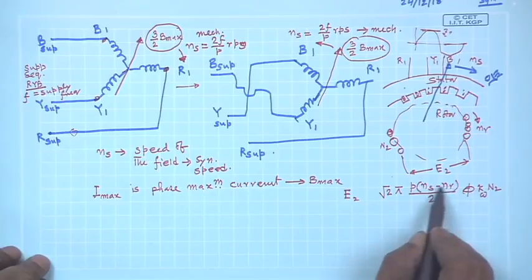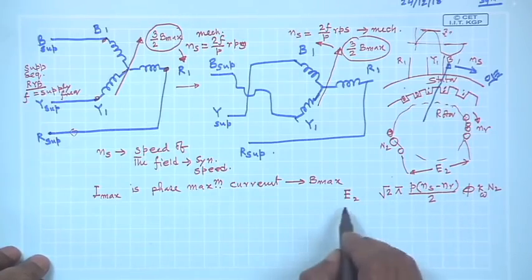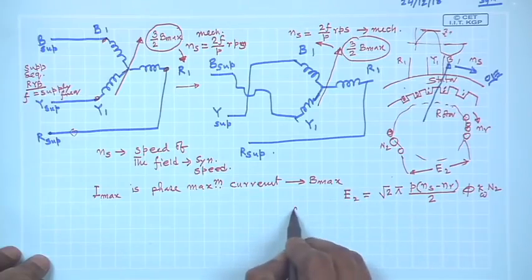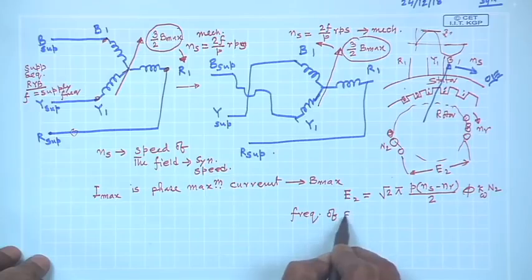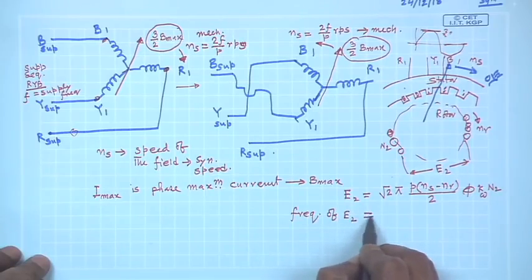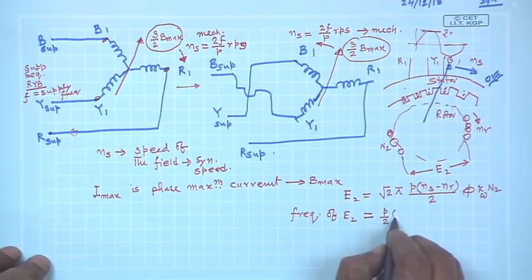Ns and Nr are in mechanical RPS, that is why I have to multiply it by P by 2, and the frequency of E2 will be equal to P by 2 into Ns minus Nr.